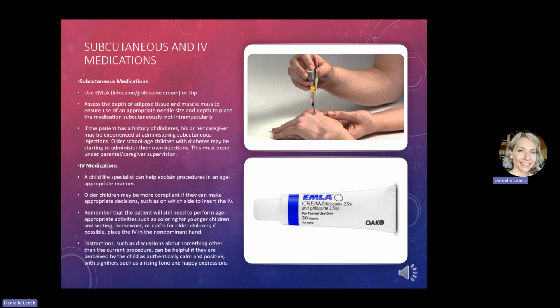So if the child does need to do things like color or do homework, we might not want to place the IV in their dominant hand. Of course, it isn't always possible for us to pick and choose depending on what they have available. But if we do see a good spot that isn't in their dominant hand, then we would want to choose that.